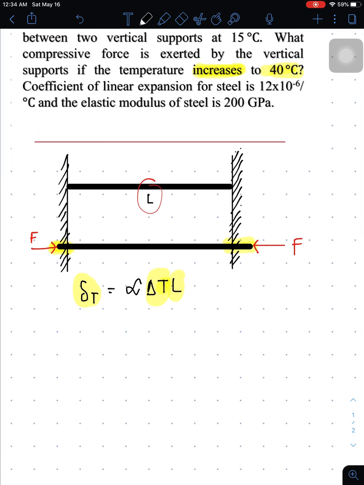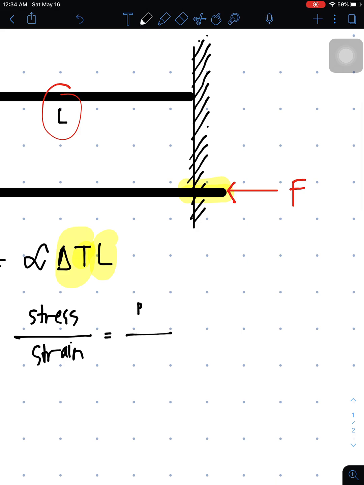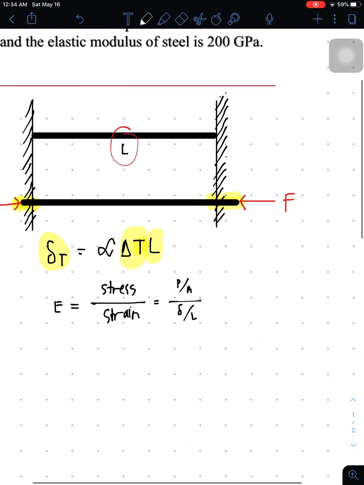From the beginning, we have the modulus of elasticity as the fraction of stress and strain, where stress is P over A and strain is delta over L. So we have E equal to P over A divided by delta over L. Multiplying, that's L over delta.